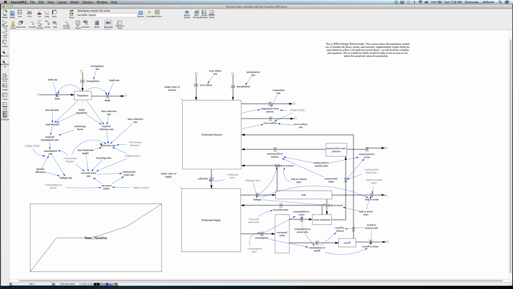So when you have the water in the supply, there's essentially an efficiency that splits between consumption and leakage. Okay, so if you're here, you have consumption and leakage. That means that there's a 70%.